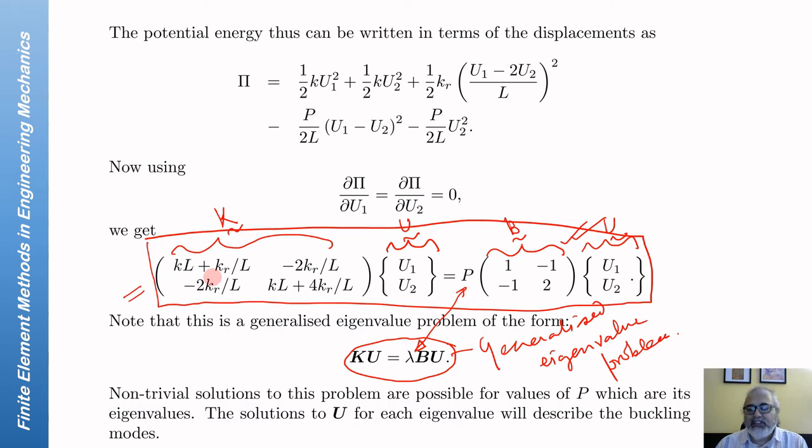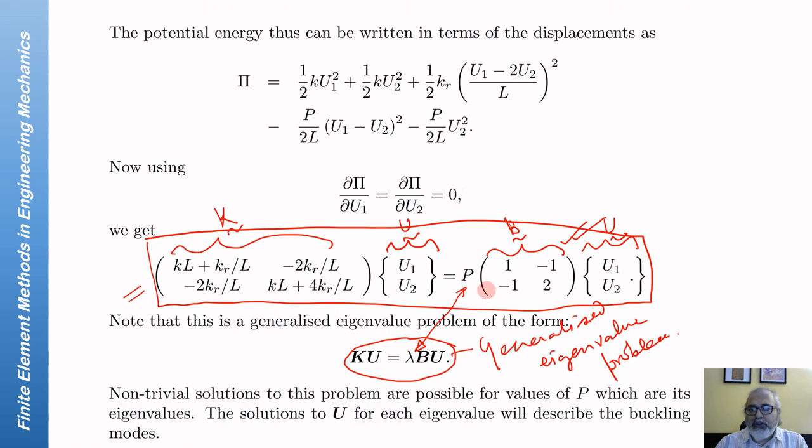And these non-trivial solutions will occur for values of p that are called eigenvalues of this. And then for each p, you will get a u1 and u2 combination that will give you the eigenvectors, or these will give you the buckling loads and the buckling modes for this system.